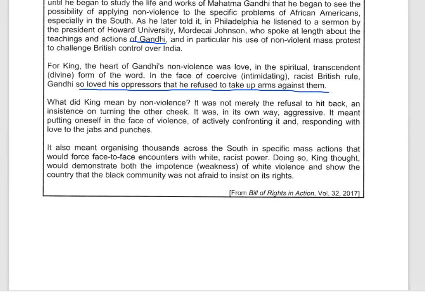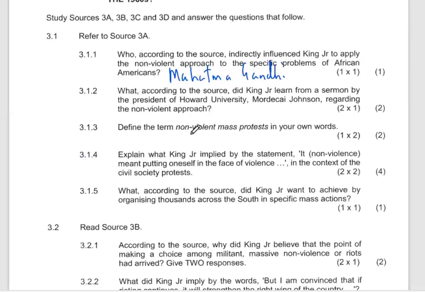Right. The next question: define the term non-violent mass protests. This question requires us to define non-violent as an aspect of the question. Non-violent, we are saying this is peaceful demonstration.